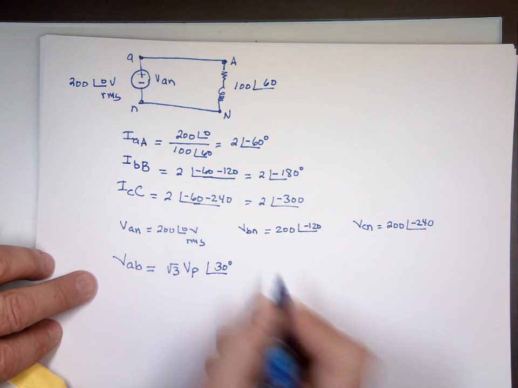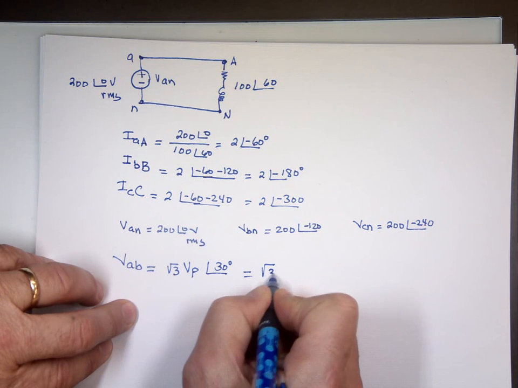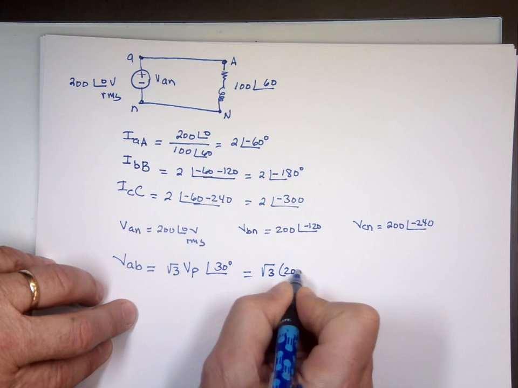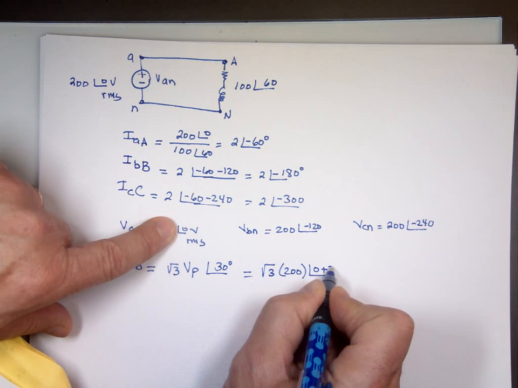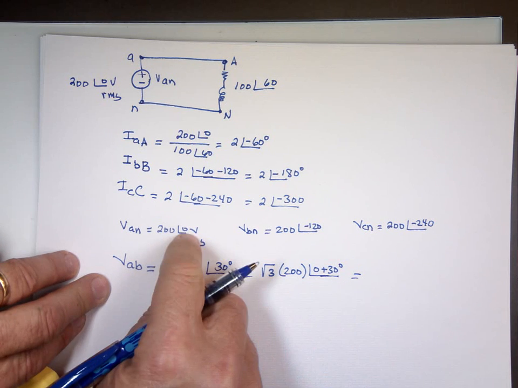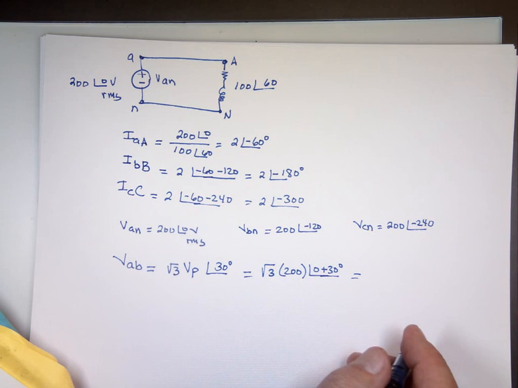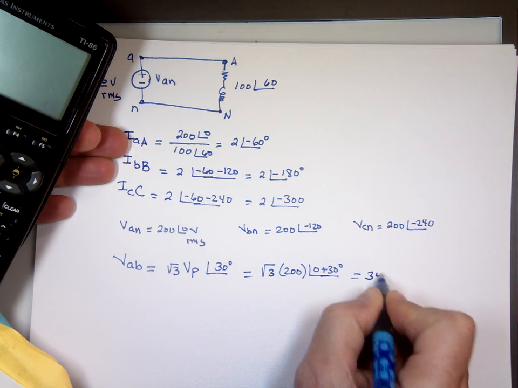So what is the square root of 3 times 200? Add 30 degrees to the angle. Whatever that number is, whatever that angle, add 30 degrees to it. My calculator here says it is 346, angle 30 degrees.